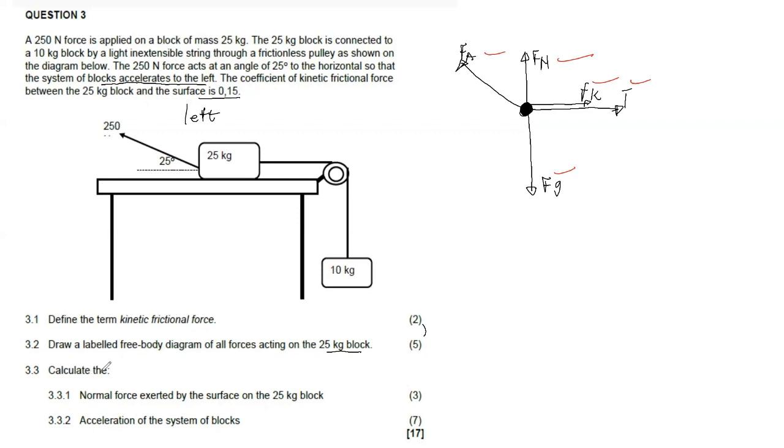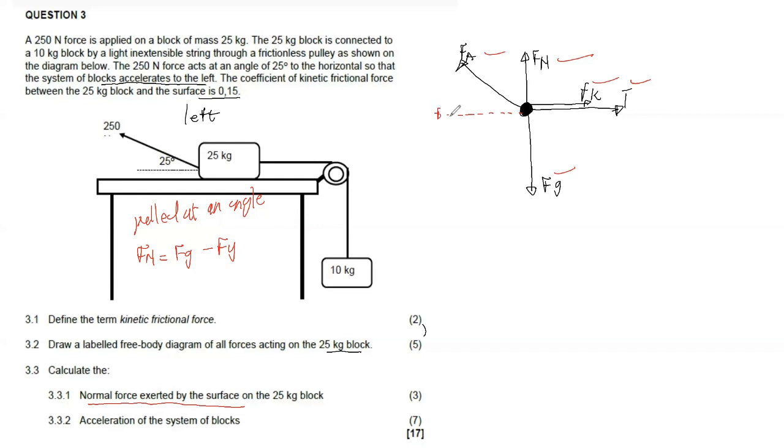Then 3.3 says calculate the normal force exerted by the surface on the 25 kg block. Now, to calculate the normal force, let's consider that this is being pulled at an angle, right? So if an object is being pulled at an angle, we know the formula goes as normal force is equal to Fg minus Fy, right? So this comes from having to resolve here.